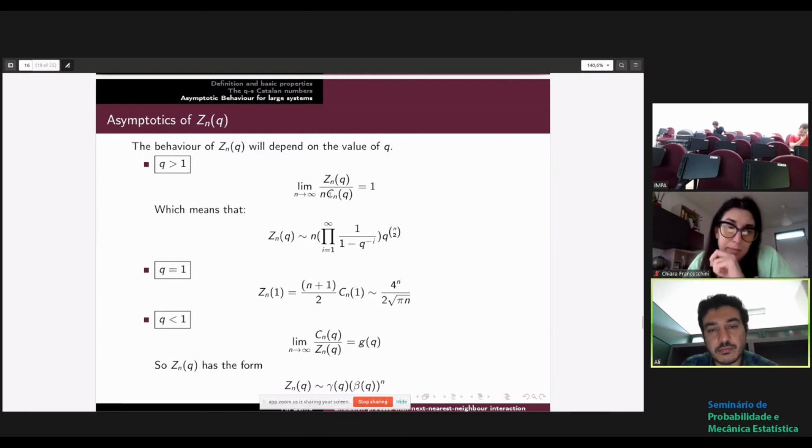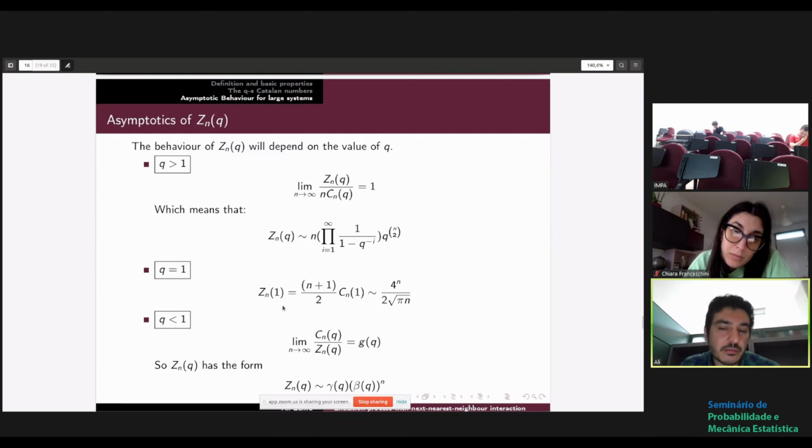But C_n(q) is just a classical quantity, so it has an asymptotic behavior which is given by this expression. Which means now that Z_n(q) behaves like q to the power of n squared.